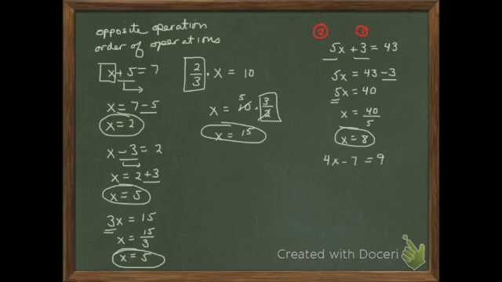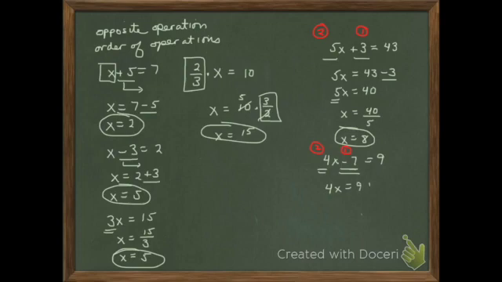I have 2 things I need to get rid of, a 4 and a minus 7. What do I do first? Always the plus or minus first, and then the multiply or divide. Okay. So let's go ahead and do this one. Now, rather than subtracting 7, I'm going to add 7.